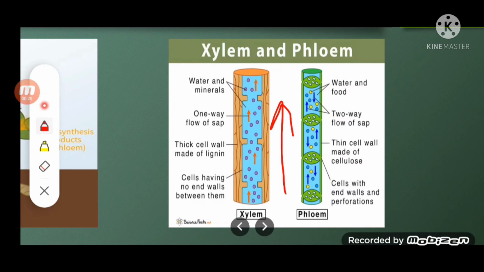You can see water and minerals, the one way flow of sap, and a thick cell wall made of lignin. That's why xylem fibers or xylem tissues are always very hard and have no end walls between them. So whenever water is absorbed, xylem will always take it in upward direction, that is unidirectional.